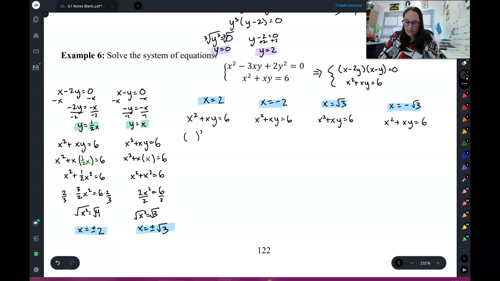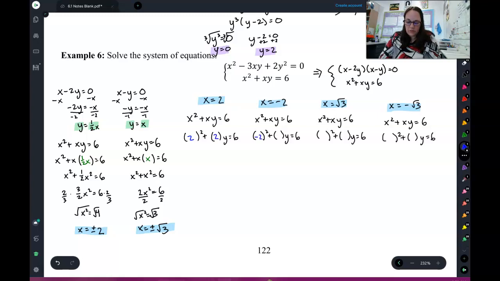I'm going to take all of these x's and plug the x values in. So this one I'll plug in an x value of 2. This one plug in an x value of negative 2. This one plug in root 3. And this one negative root 3. And now let's do a lot of solving.